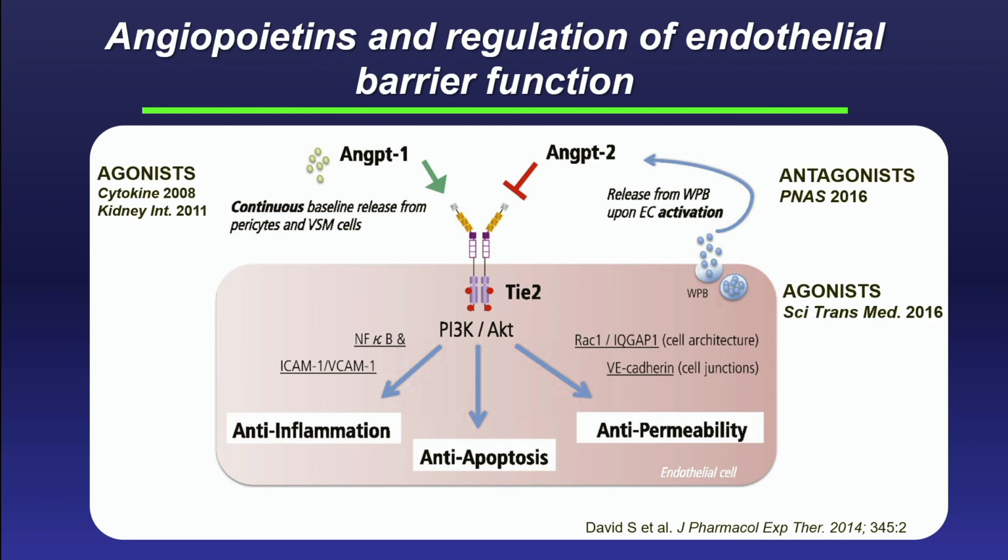What's particularly exciting about this Ang-Tie2 pathway is there's been a number of preclinical studies looking at modulating this pathway to improve outcomes, especially kidney-specific outcomes. So there's been studies looking at agonists for Ang1, antagonists for Ang2, as well as agonists for the Tie2 receptor.